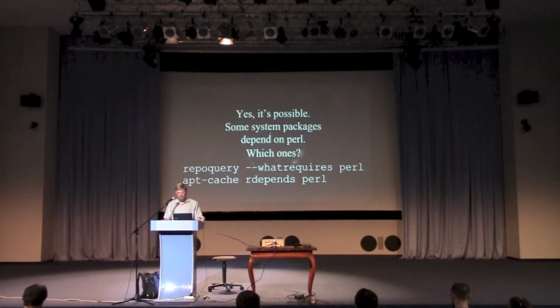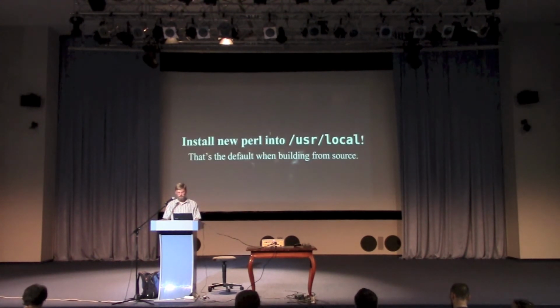You can see, if you're curious, what packaged software uses Perl in your distribution with repoquery for the Red Hat derivatives and apt-cache for Debian and Ubuntu. And it's kind of interesting to see how many things depend on Perl in one way or another. So you're putting those things at risk if you just use CPAN to install from source against your distribution's Perl.